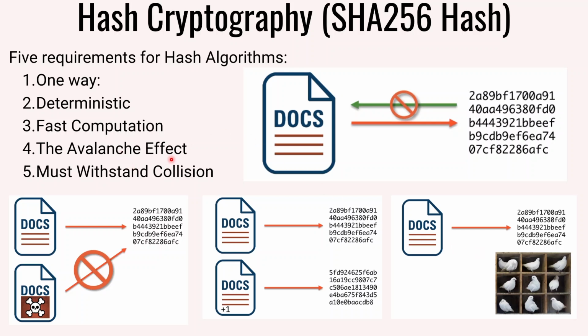Again, if a doc has a particular hash and somehow, by the pigeonhole principle or anyhow, we can make another doc and manipulate it to match, this should never ever be possible. If there is any chance of doing so, the hash function fails.